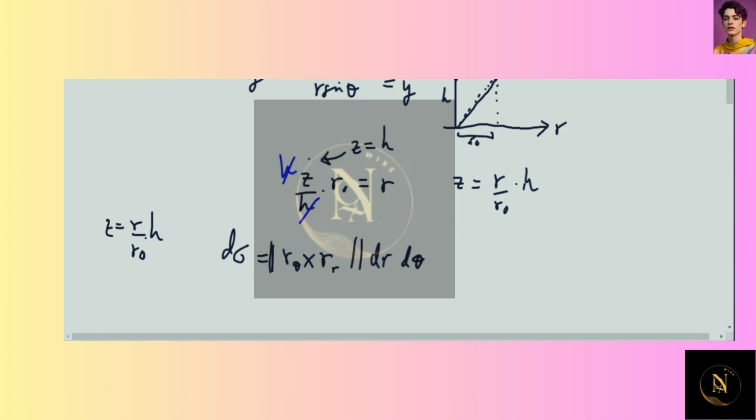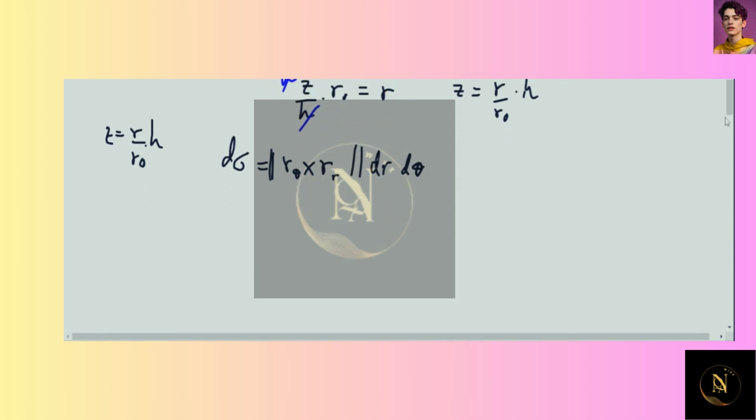So this vector is the determinant of this matrix i, j, k. Here we have the derivatives of the components with respect to theta.